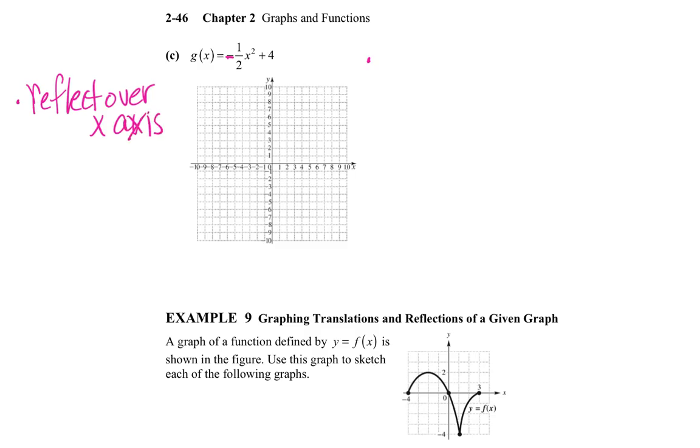This 1/2 here tells me this is a vertical shrink by 1/2. And then this piece right here tells me there's a vertical shift up.